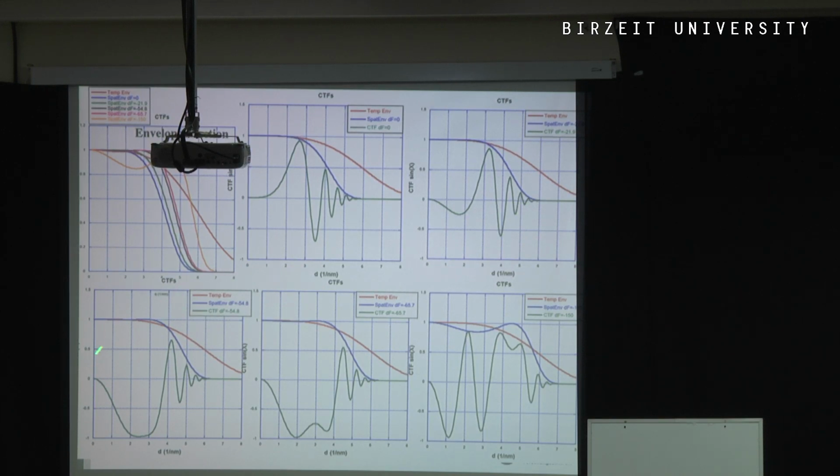This curve down here corresponds to Scherzer defocus. In other words, the defocus which I showed way back in the previous slide, the optimal defocus for imaging in the presence of spherical aberration.